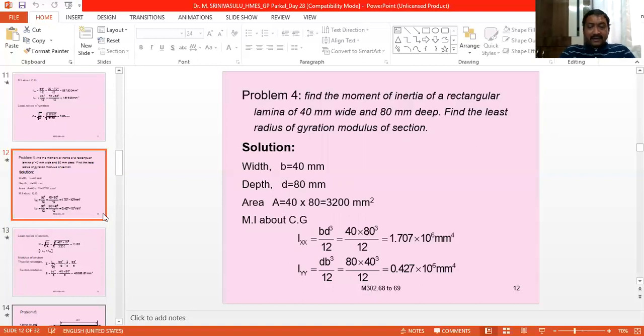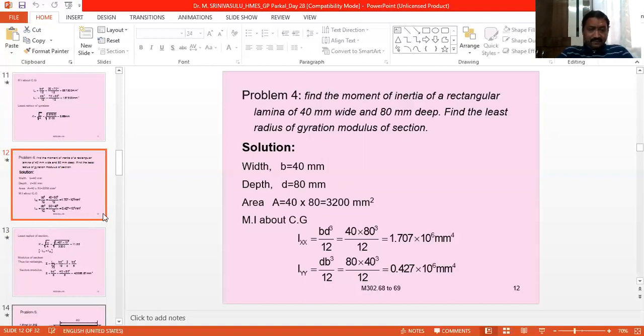Here also a rectangular lamina is given. We need to find out the MI in both cases, that is for XX and YY. Then we need to find the least radius of gyration and also the modulus of section. So first we write down the given data.